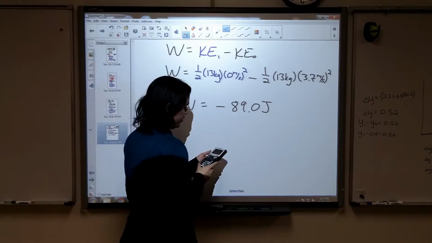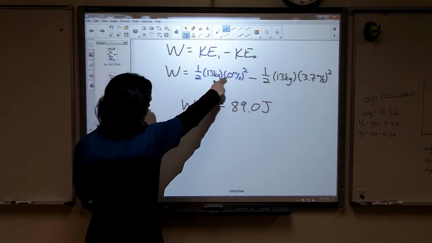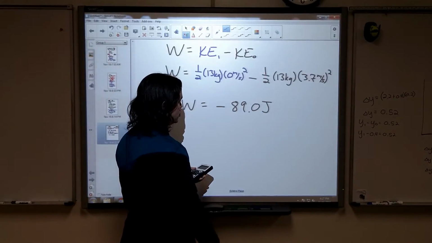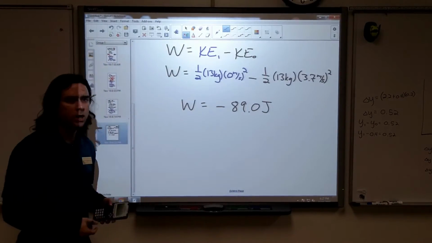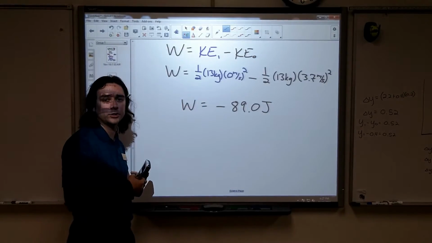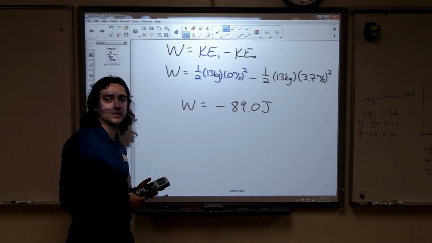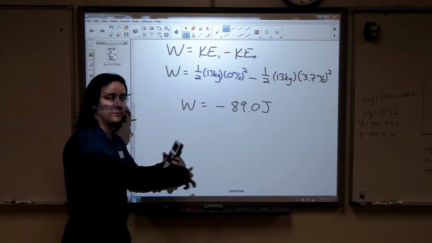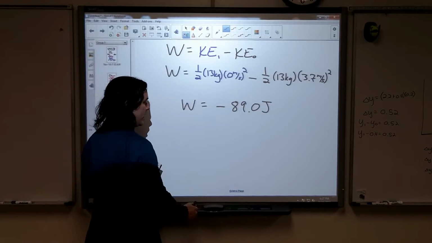Kilogram times meters squared per second squared is also joules. So we had 0 minus that, and it's just negative 89 joules. That's the work done. So friction has taken this much energy out of our system, bringing that sled to a stop. All it had was 89 joules to begin with in kinetic energy, and friction has now taken all of that away.